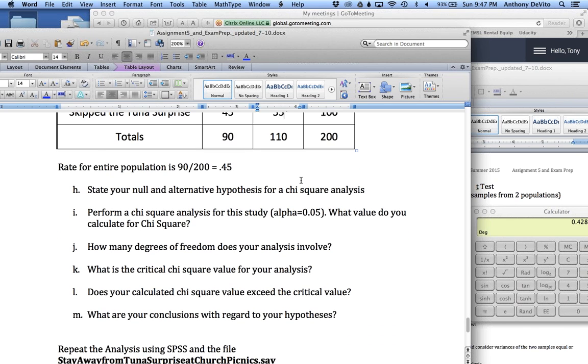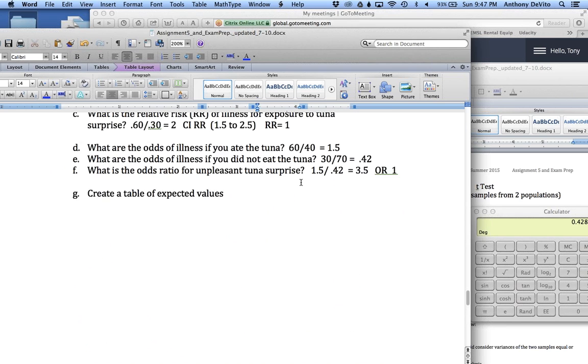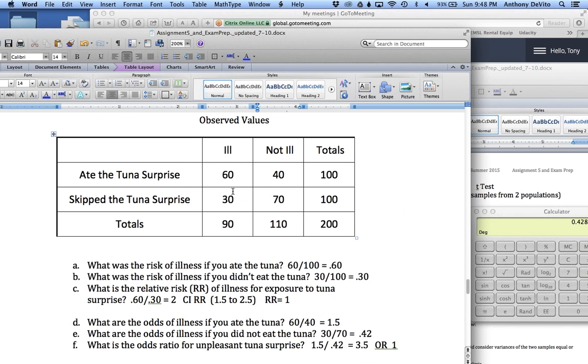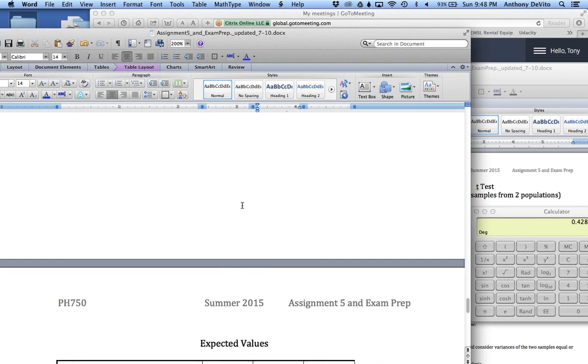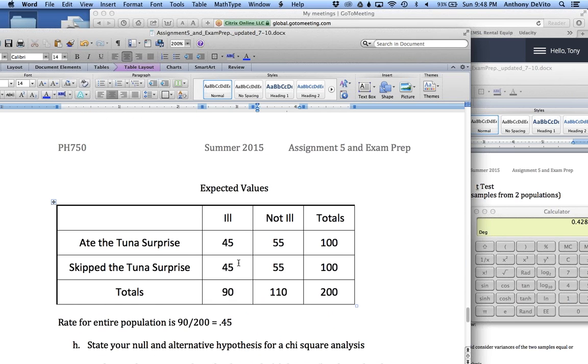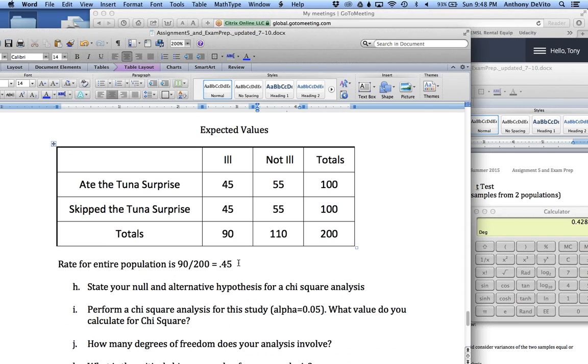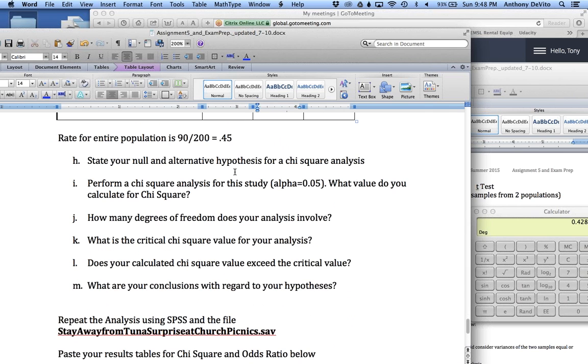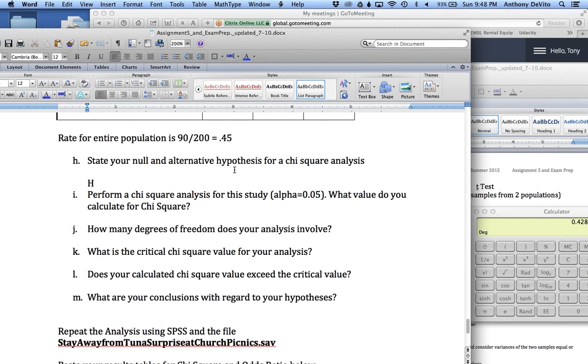Okay, so we're going to do an analysis which compares the values that we observed versus the expected values that we would have expected to see if there was no difference. So let's state our null and alternative hypothesis.